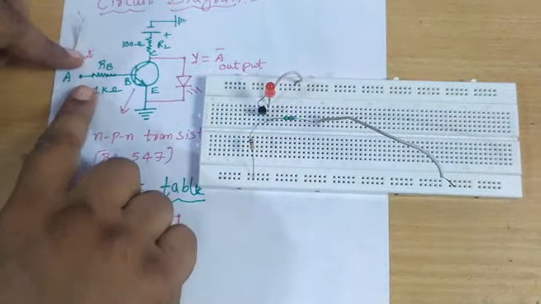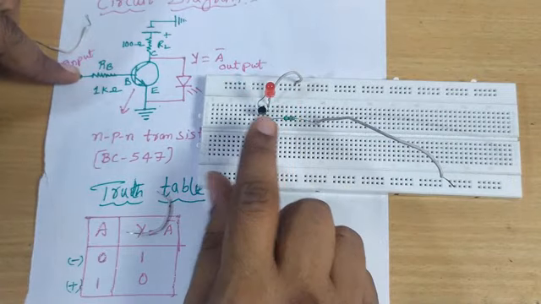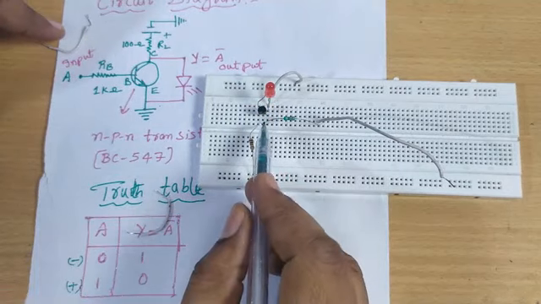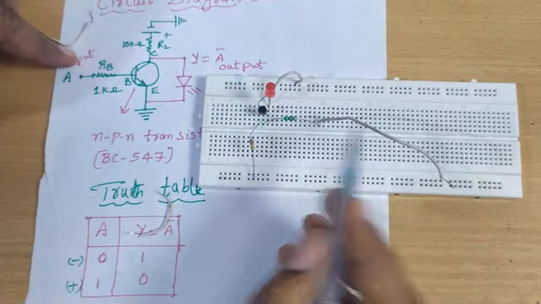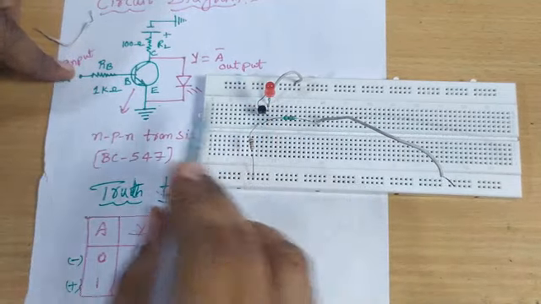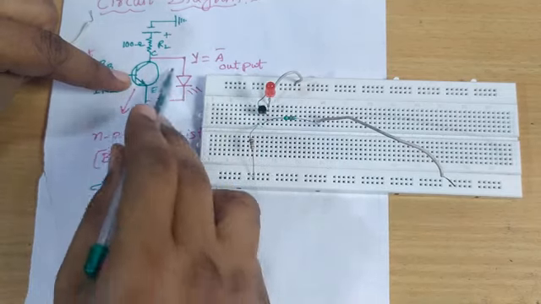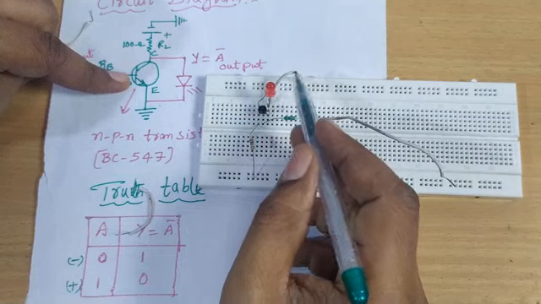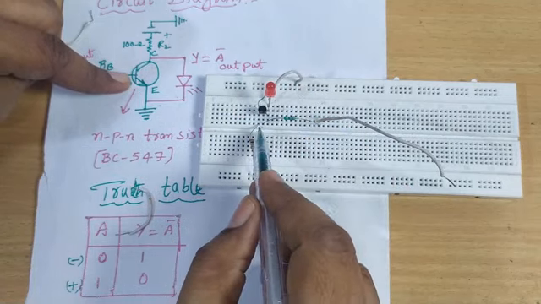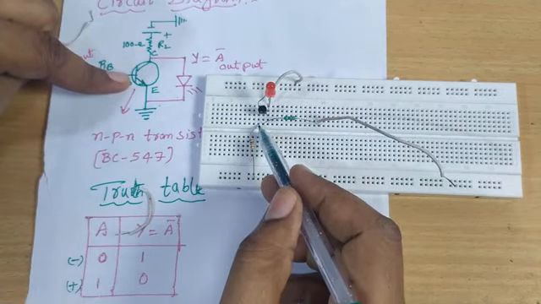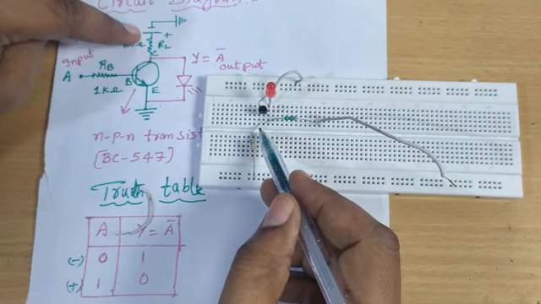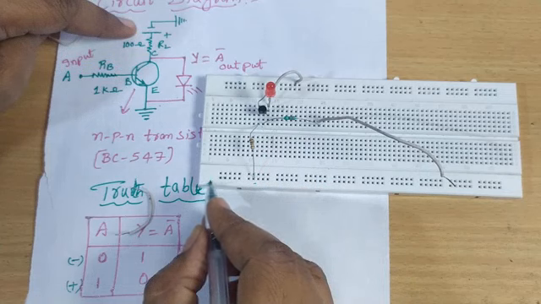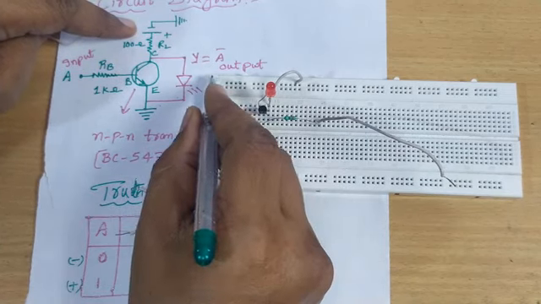Carefully observe: this is the base resistance, this is the transistor with the base and the A terminal, and this is the LED between the collector and emitter. The emitter should be grounded, and the collector should be connected through the resistor to the positive terminal of the battery.